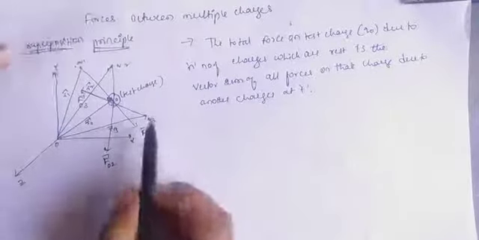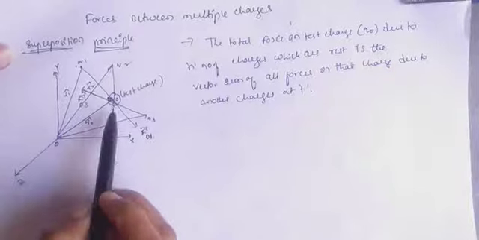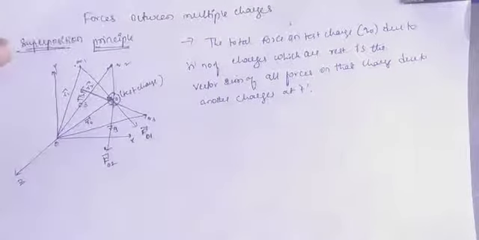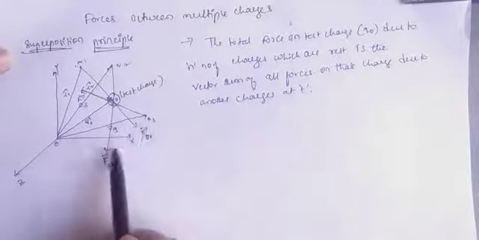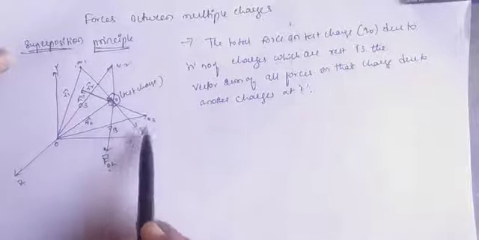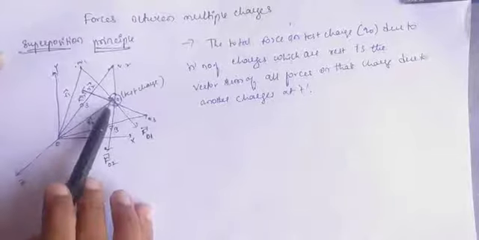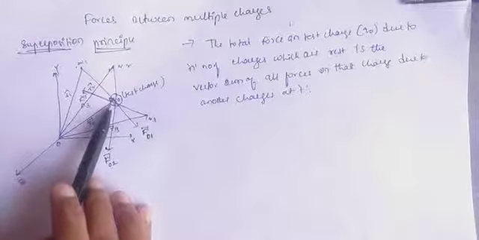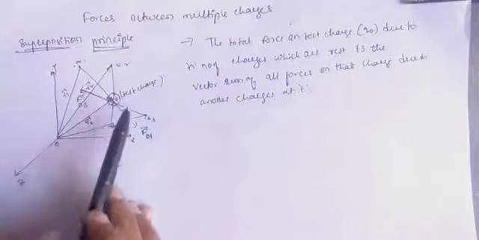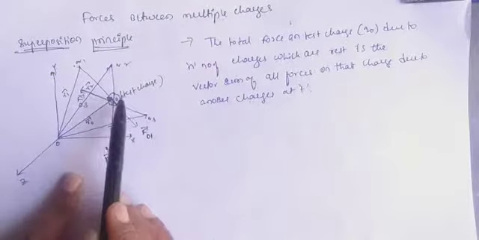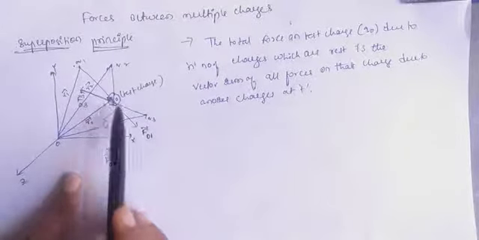Now here we are getting the three forces which act on this test charge. By taking the sum over all those charges, we get the total force which acts on the test charge. Now the force due to individual charges will be unaffected by the remaining charges.